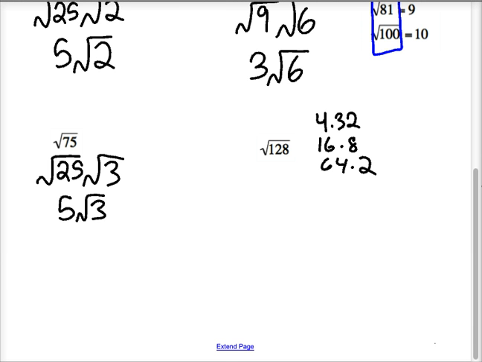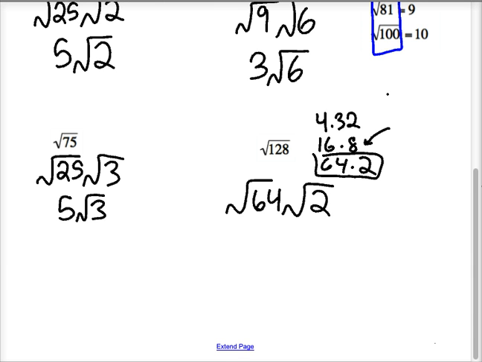Okay, so notice here, at any point if I had stopped, I wouldn't have a fully simplified expression. But since I'm breaking it down into 64 and 2, you can tell clearly there's no more perfect squares that pull out of 2. But if you notice, there is a perfect square that pulls out of 8 and a perfect square that pulls out of 32.